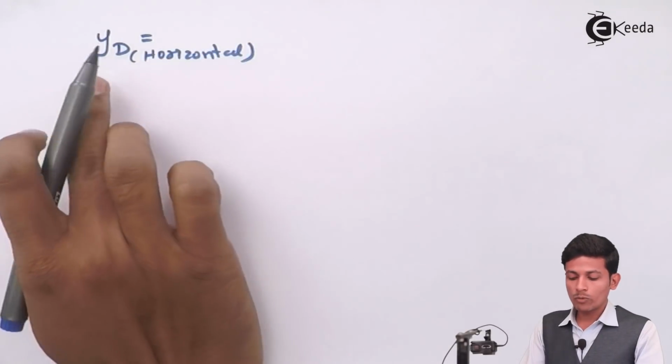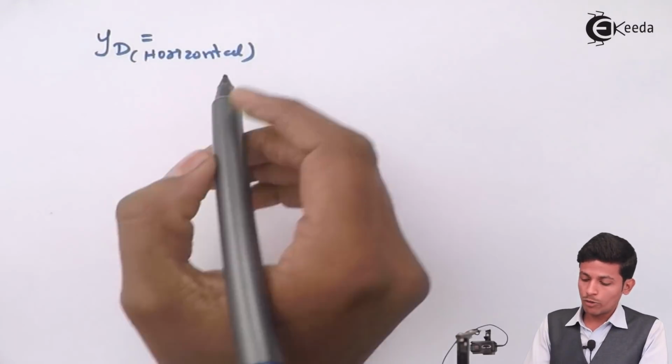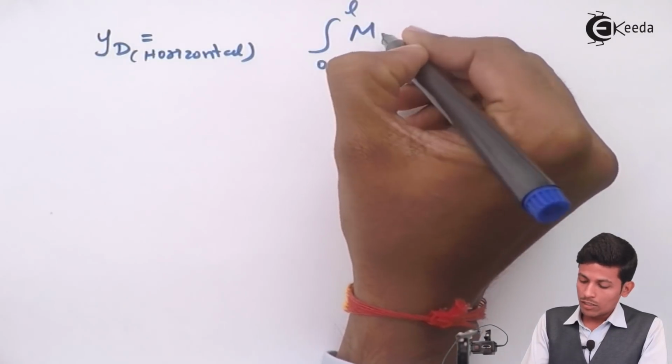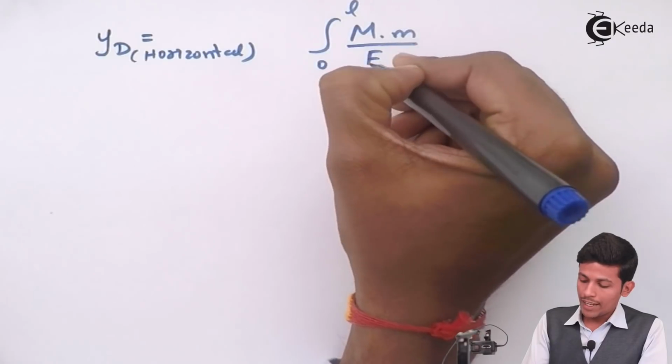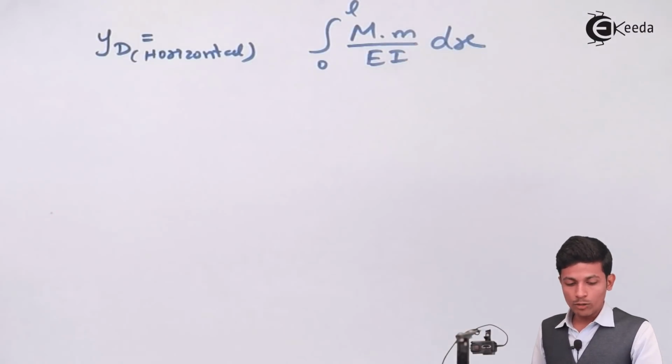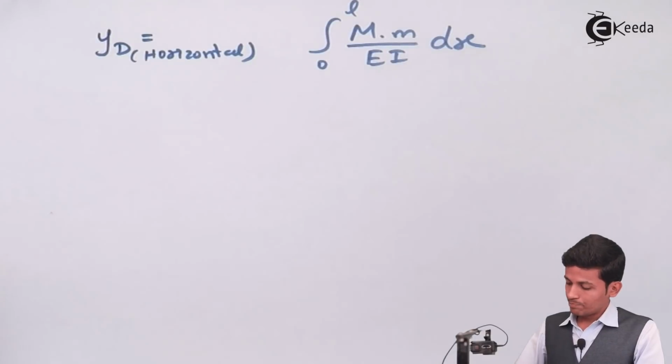You can write yD horizontal. What is the formula? Our formula will be integral 0 to L of M m upon EI dx.